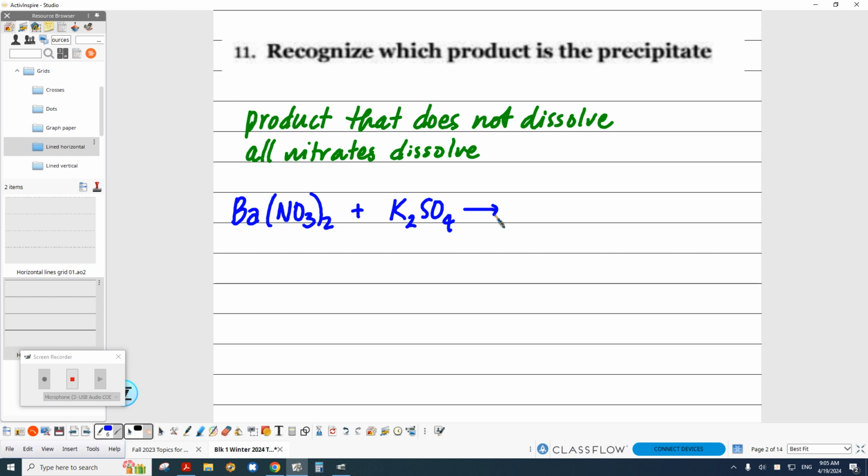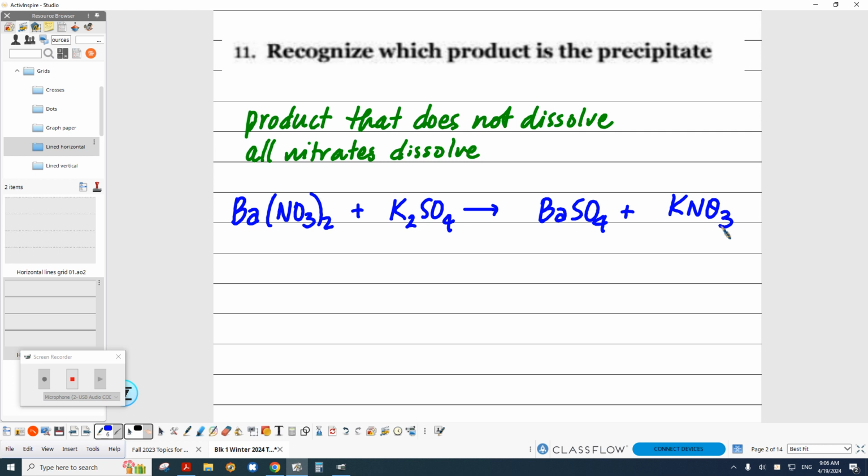And this is a double displacement reaction. The barium will now go with sulfate, and the potassium will now go with nitrate. First of all, that's not balanced.